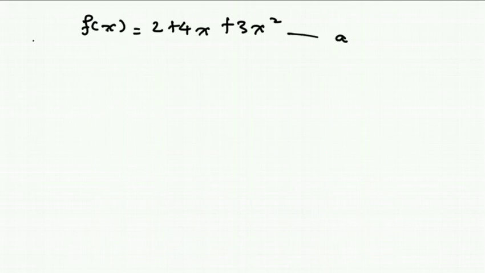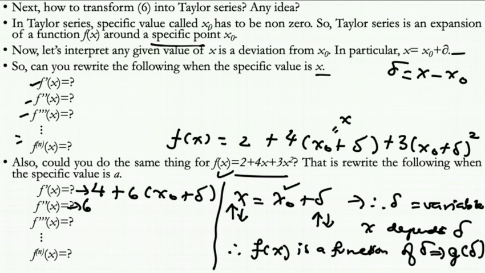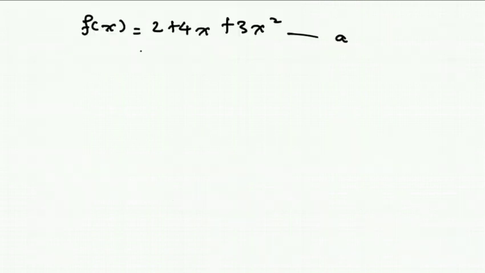So like I said earlier, in the previous slide, f(x) is a function of delta. So we can write it in another form, g(delta), isn't it? Because we rename it as g(delta), then we can have something like this.